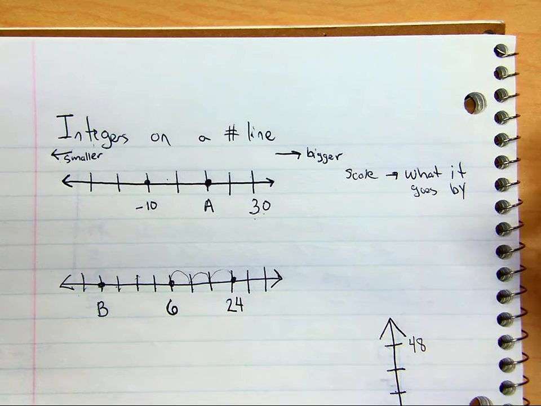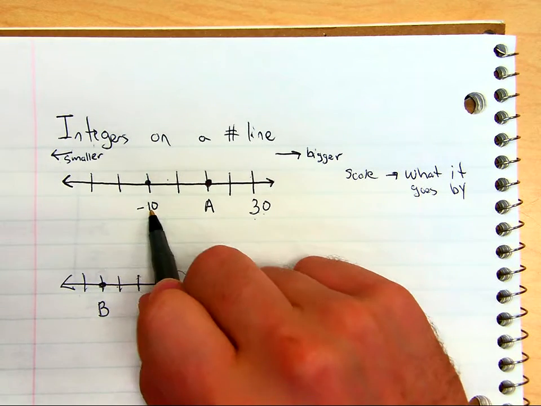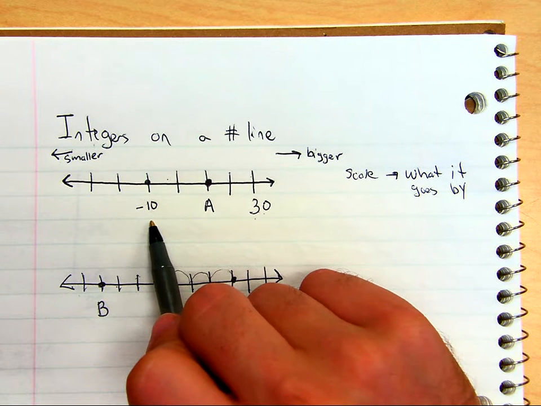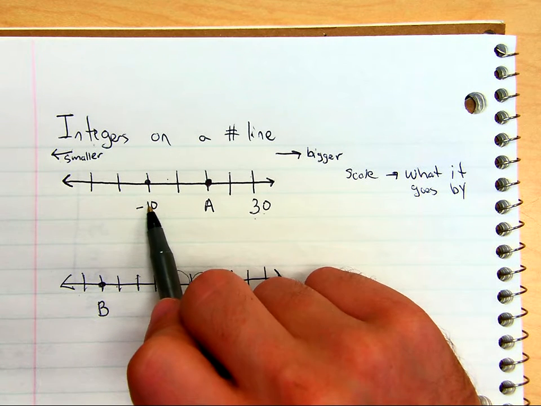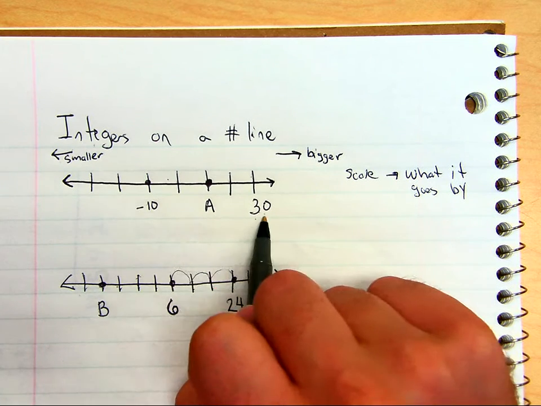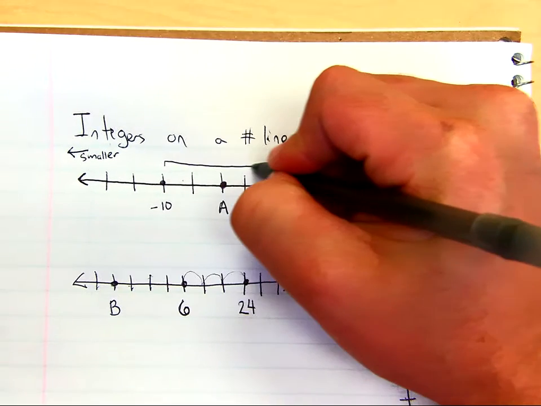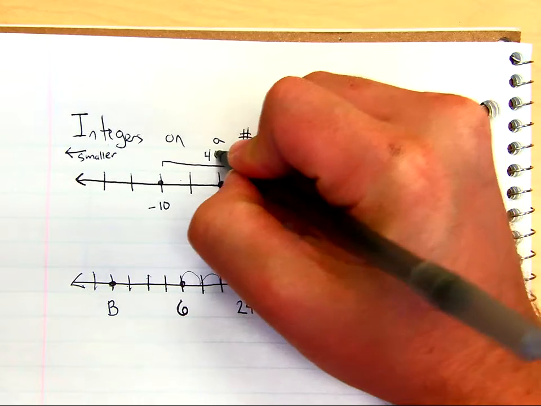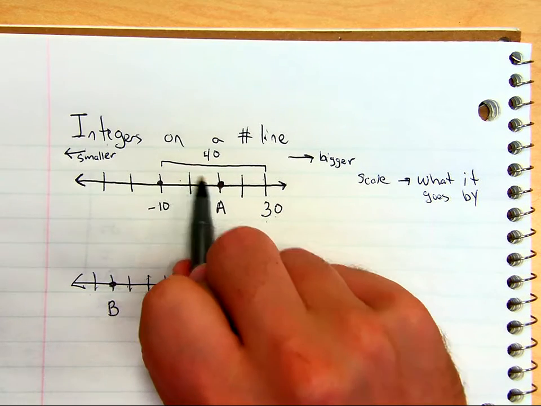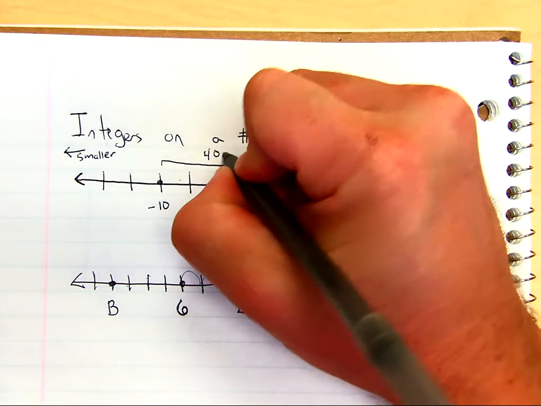Another way is to find the distance between the numbers. So -10 to 30. Well, -10 is 10 away from 0, so it's going to take me 10 to get to 0, and then 30 more. So these two numbers here, they're 40 apart. And I have 1, 2, 3, 4 spaces.